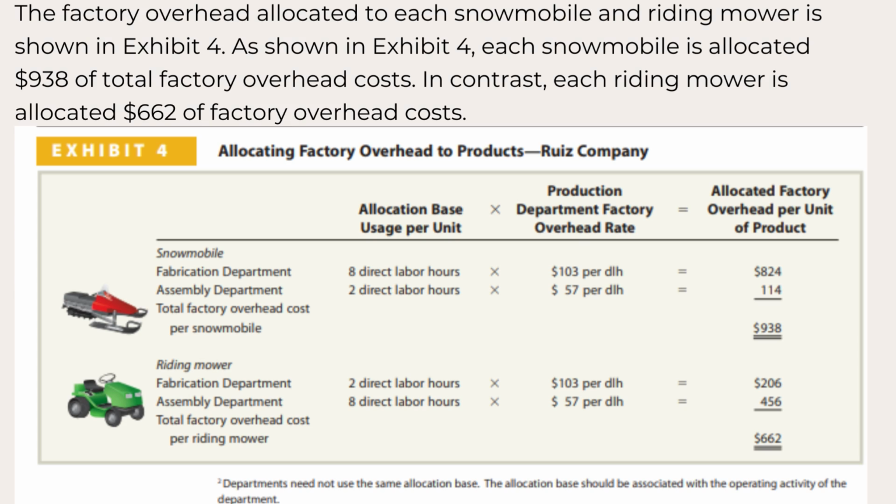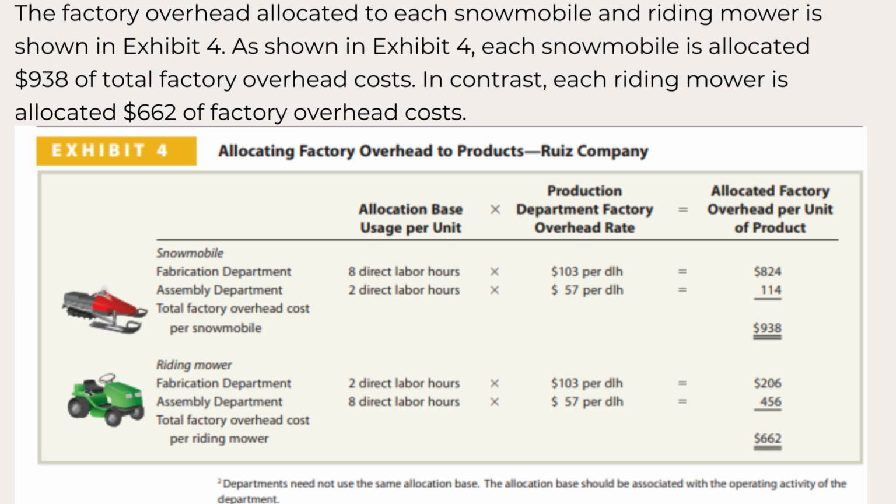So we come up with $938. On the other hand, for the riding mower, the same formula is used: allocation base usage per unit multiplied by the production department factory overhead rate. We come up with $206 allocated factory overhead per unit of product under the fabrication department for the riding mower, and $456 allocated factory overhead per unit of product under the assembly department.